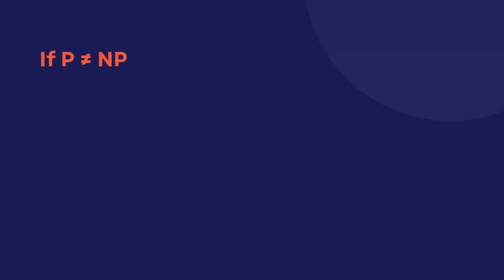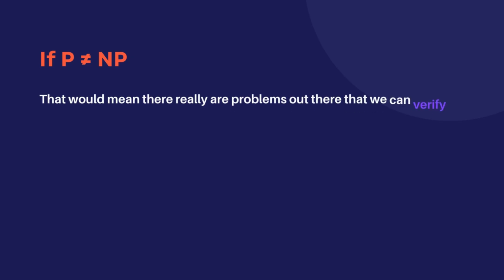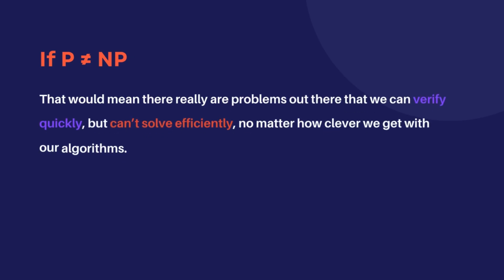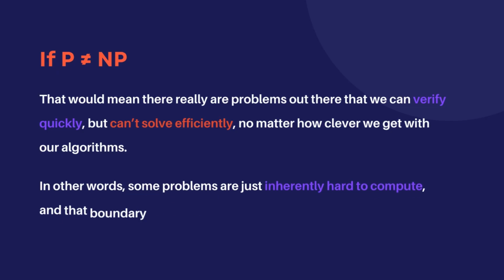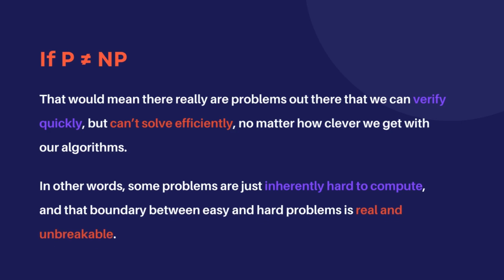On the other hand, what if P does not equal NP? That would mean there really are problems out there that we can verify quickly but can't solve efficiently no matter how clever we get with our algorithms. In other words, some problems are just inherently hard to compute, and that boundary between easy and hard problems is real and unbreakable. This would confirm why we still rely on things like brute force, heuristics, and approximation algorithms to get by when solving NP problems in the real world.